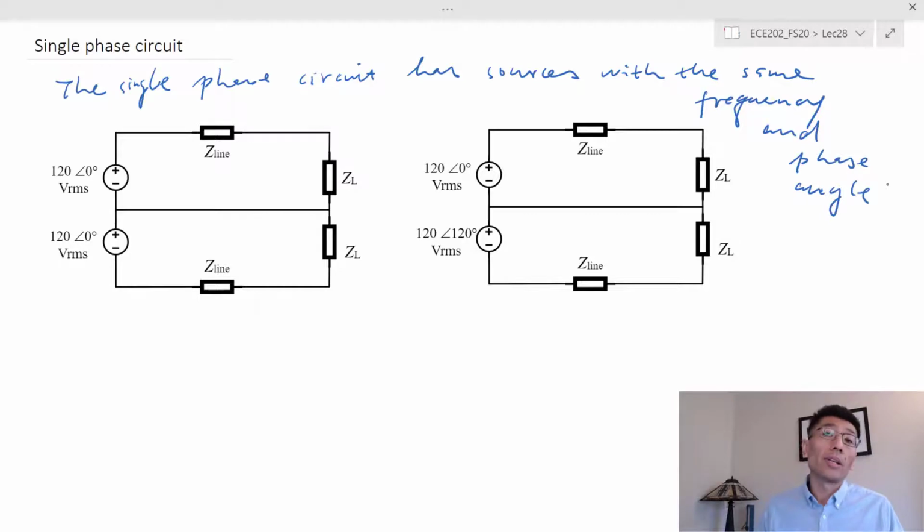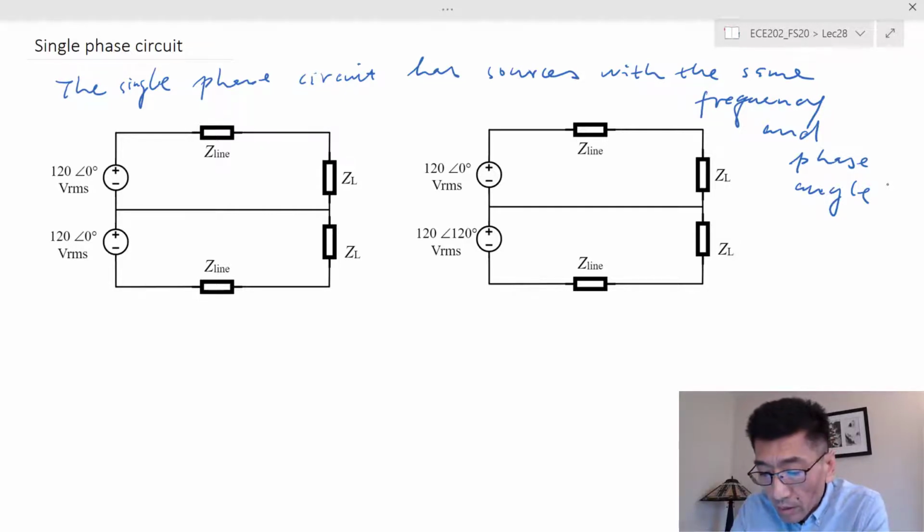If I draw the circuit in the phasor form, implicitly we're assuming that they are in the same phase. Otherwise, it doesn't make any sense to put phasors of different frequencies in the same circuit, right? If you want to do that, you could use superposition. Then you need to draw multiple circuits for that.